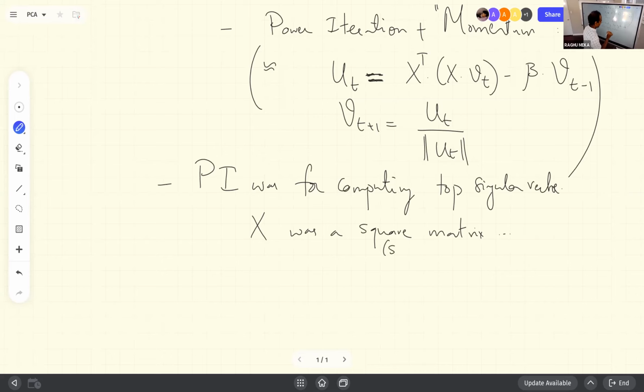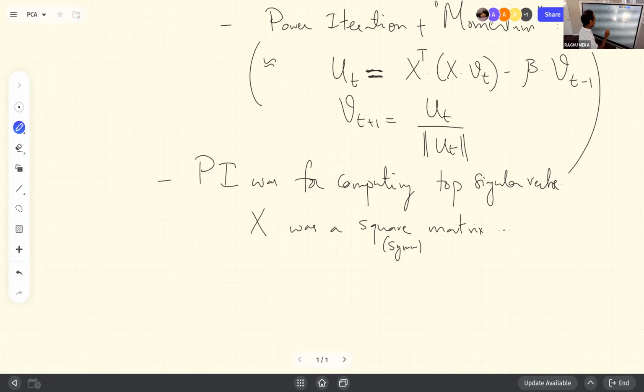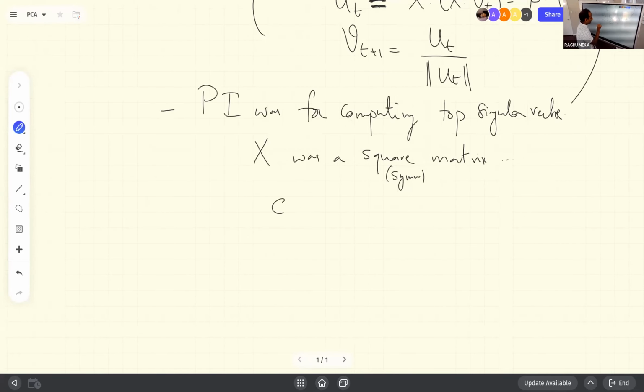Square symmetric. Well, if I look at a big number C times identity minus X, then the singular vectors shift and they flip. So you can play all these tricks.